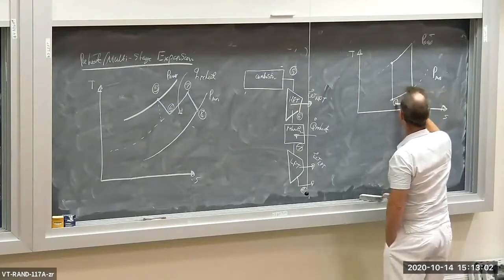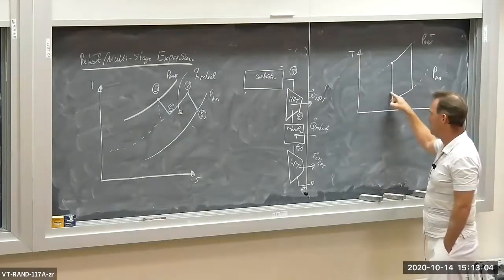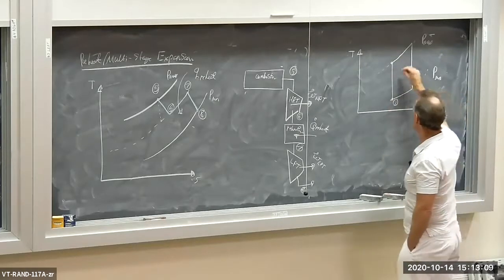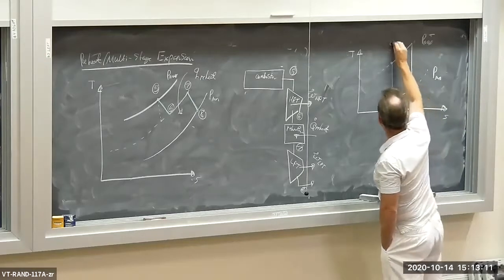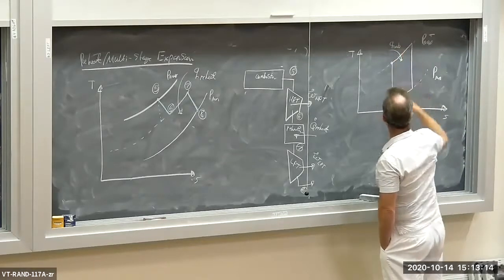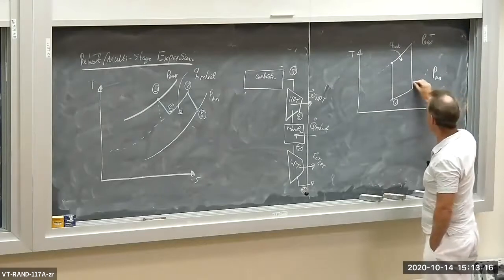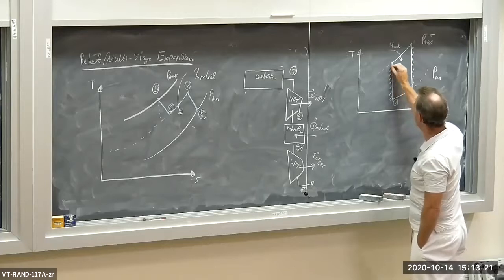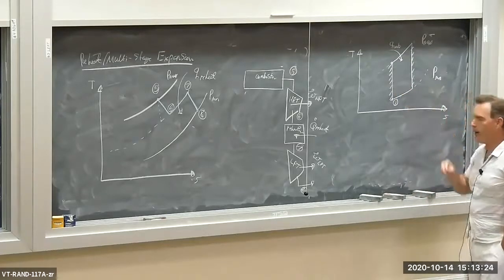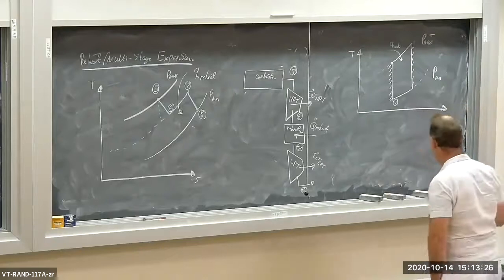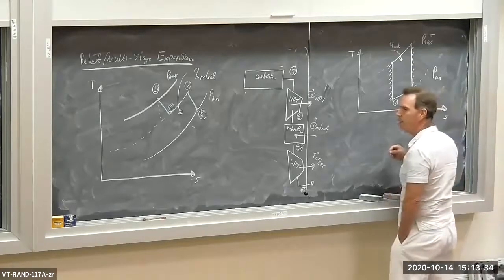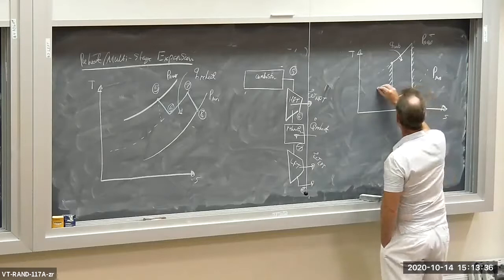So state 1 is here, compression from 1 to 2 in the compressor, heat addition from the combustor, then we have expansion in the turbine, okay? And then we have heat rejection in the environment. So that's a typical ideal Brayton cycle. Let me split up the compression process and the expansion process.